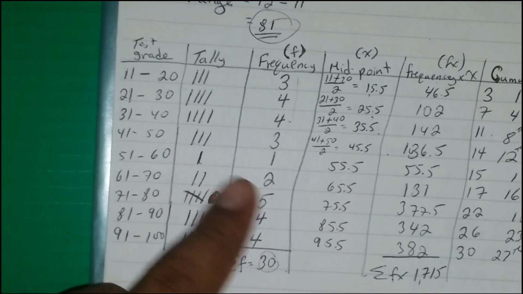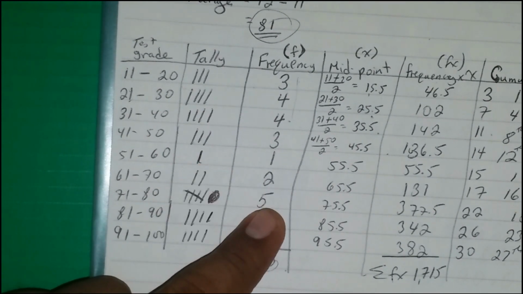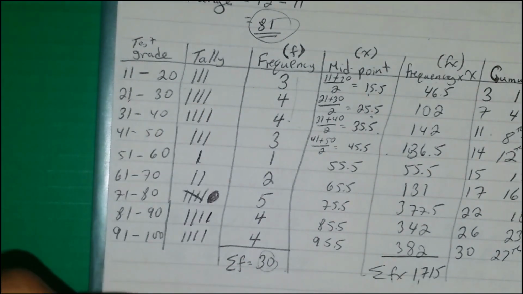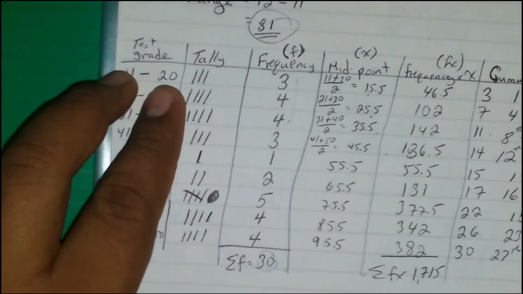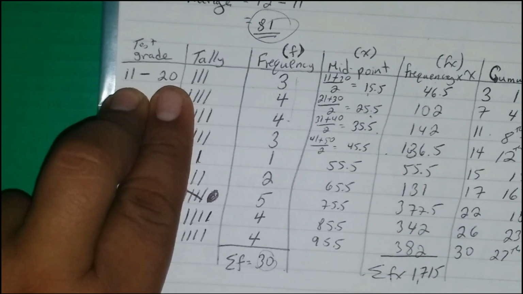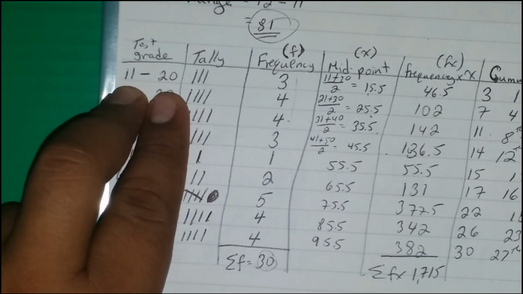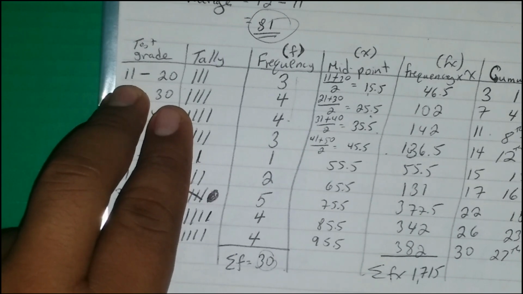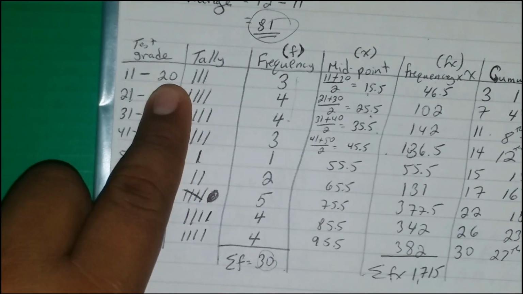The tally and the frequency are basically the same thing. It's the amount of numbers that you can find within the interval. How many students got a grade 11 to 20? Now, it doesn't tell you that 3 students got a grade 11 or 3 students got a grade 20.